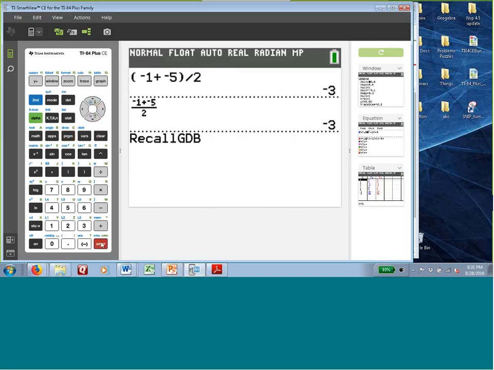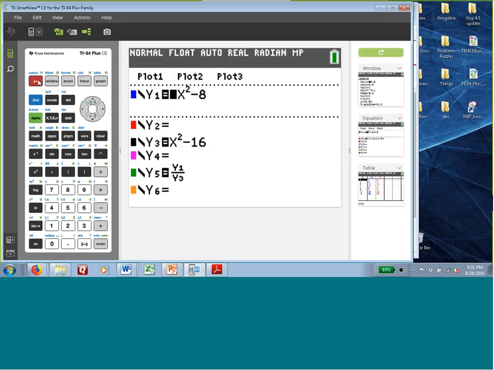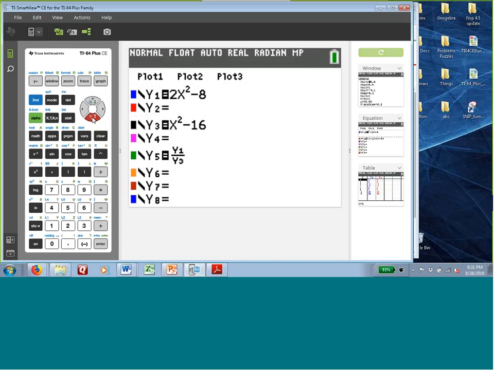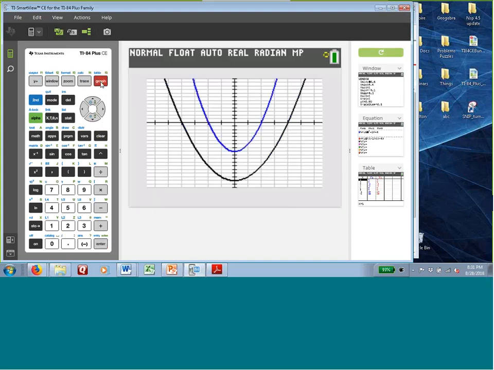It's just a way for me to quickly pull up something that I stored for you earlier. Let's take a look at these two functions and their rational equation. Okay, so first of all, 2x squared minus 8, x squared minus 16. Let's take a look at those on the graph.